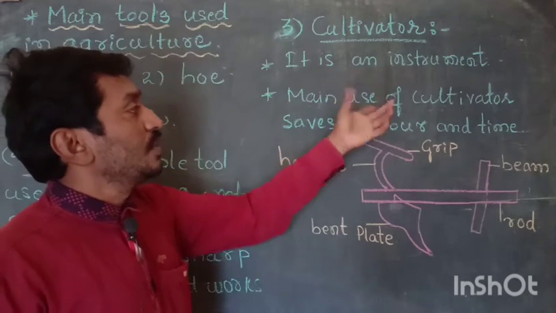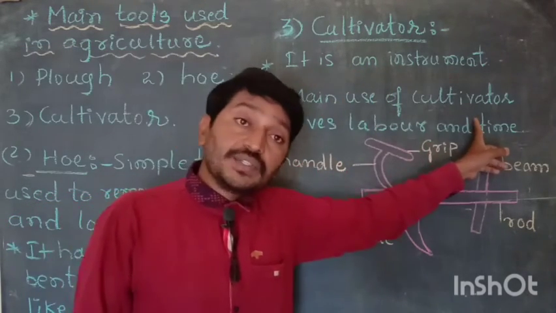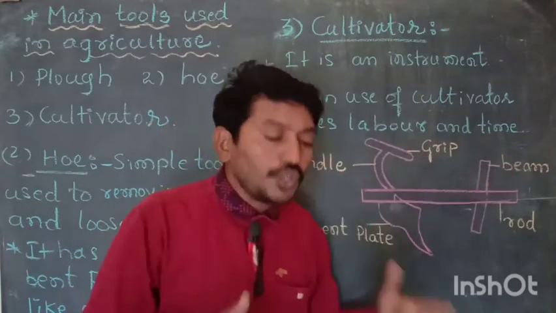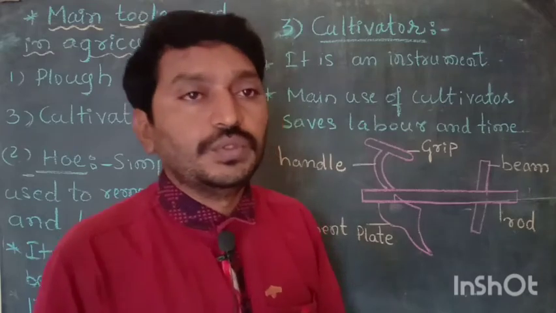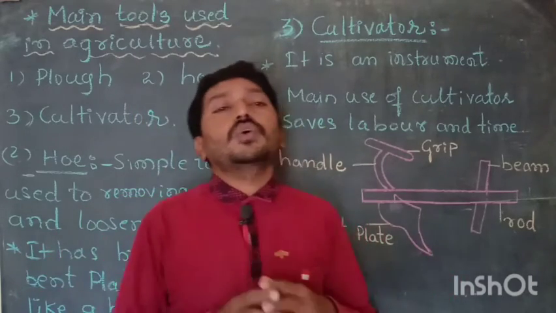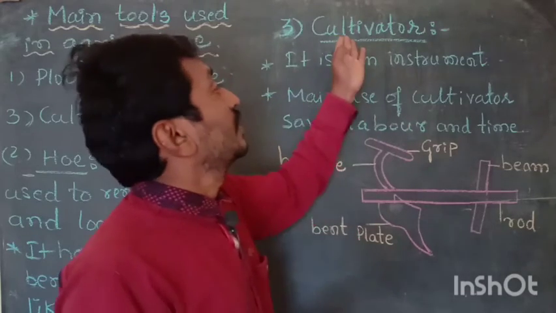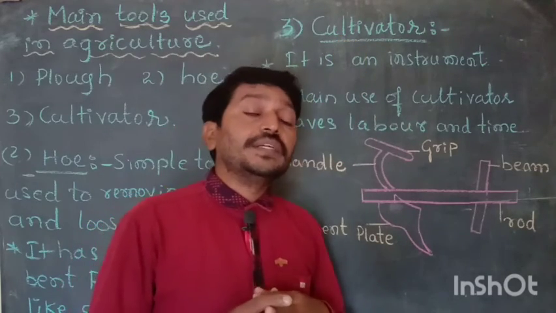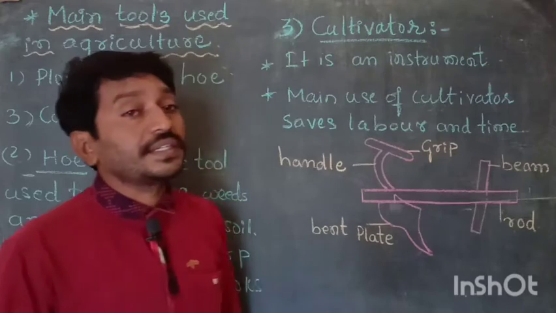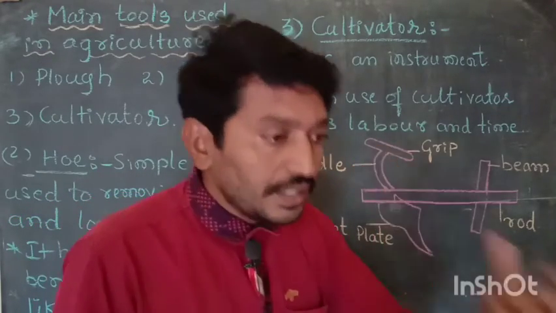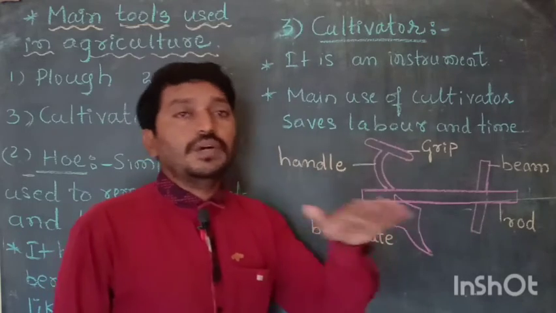The main use of the cultivator is to save labor and time. Within a short time, we have to cultivate the crops and the land. That's why the cultivator is very important. Tractor driven cultivator is used nowadays because we complete our work very early.